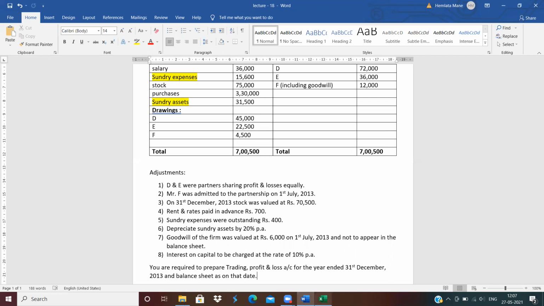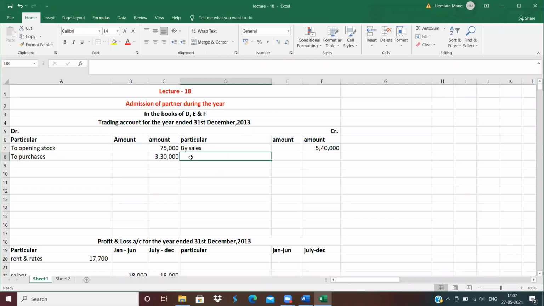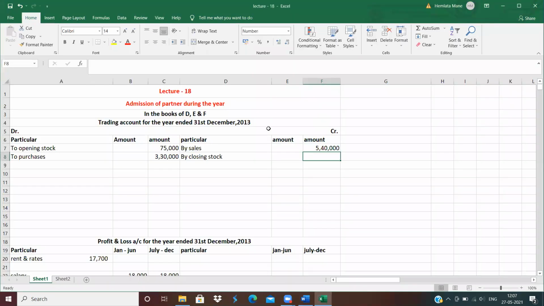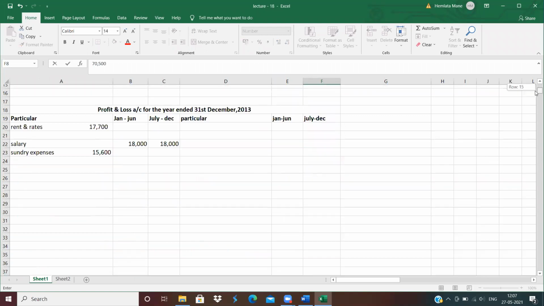So do the posting: by closing stock, how much is the amount of closing stock? 70,500. So write down 70,500. Now next, second effect.